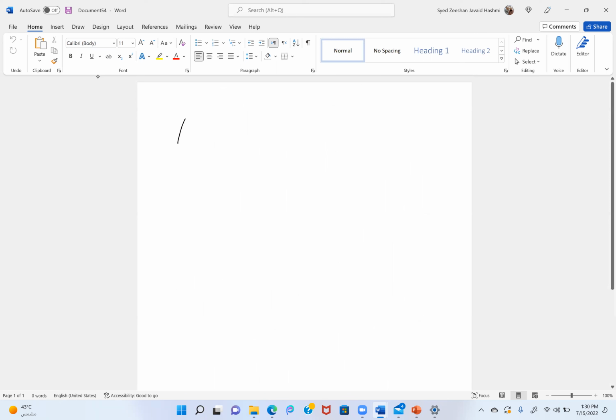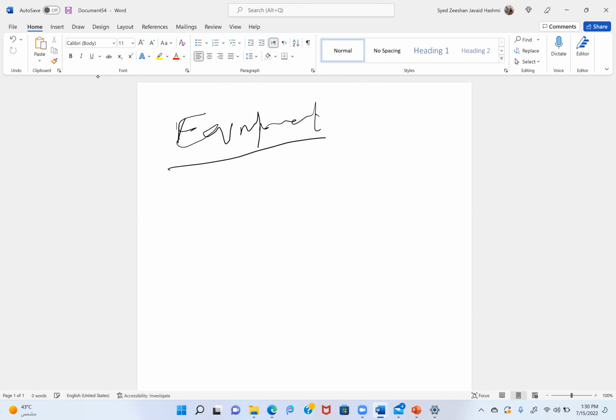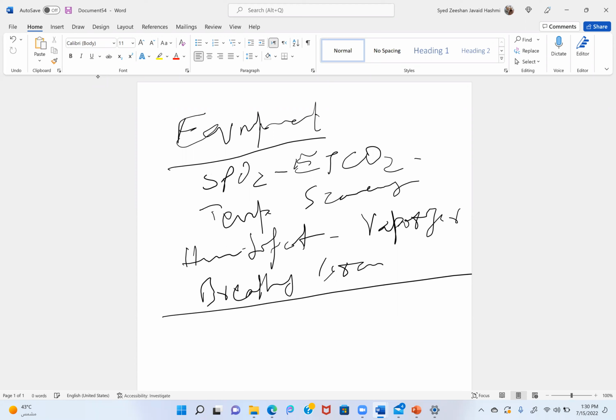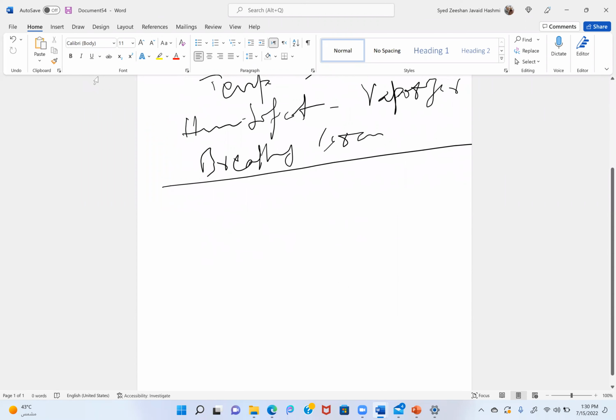Now consider equipment. This is also revision. You are not reading each and every part, you are making a list of the possible equipment or possible monitoring you are doing. So just think like that: temperature monitoring, scavenging, humidification. I have made all these lists for you: vaporizers, breathing circuits, and some things not directly related to anesthesia, maybe diathermy.